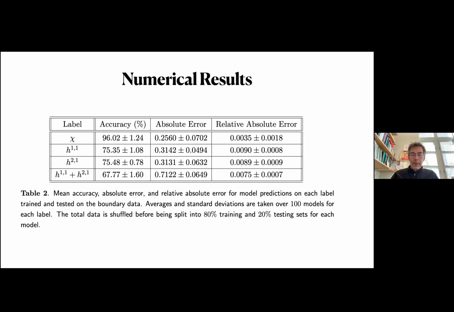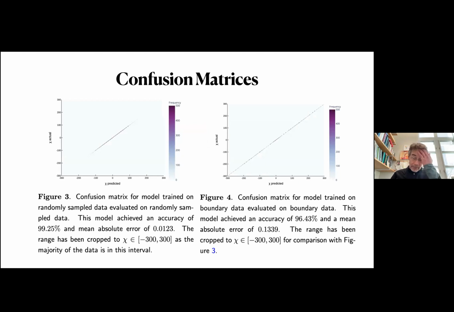Okay, so now here is the confusion matrix, where you're essentially plotting a particular choice from the randomly sampled data set, and similarly a particular choice from the boundary data. This is just one of the 100 experiments. For this particular one on the left, for the randomly sampled data, the accuracy is almost 100%, 99.25%, with a small mean absolute error.